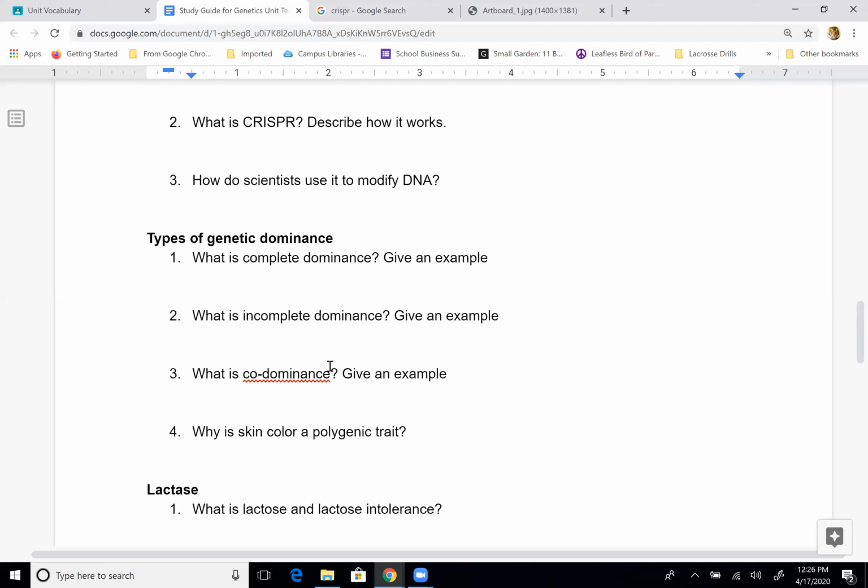Codominance is when both alleles are dominant. In our presentation, it was the white chicken and the black chicken producing the chicken with the speckled feather pattern. So both white and black feathers, right?